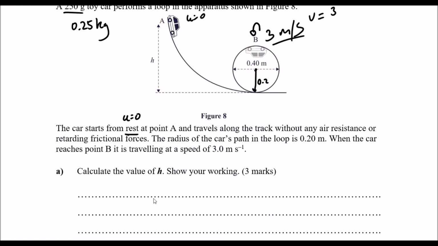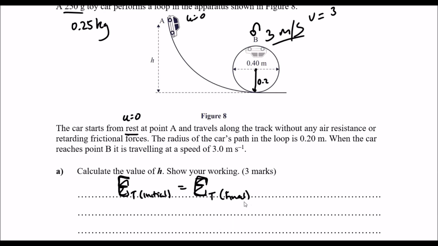Okay, it says calculate the value of h showing your working. So this is an example of the total energy initial is equal to the total energy final, or I should really write it as E total.